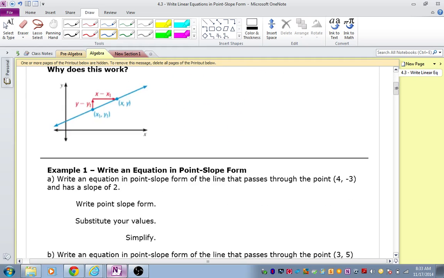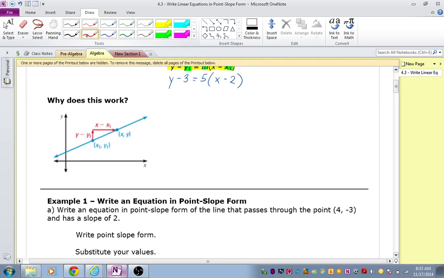So why does this work? Looking at our point-slope form, y minus y1 equals m times x minus x1, if we look at this diagram, that y minus y1, that's that vertical change between those two y coordinates, also known as the rise. That x minus x1 is that horizontal change between those two x coordinates.